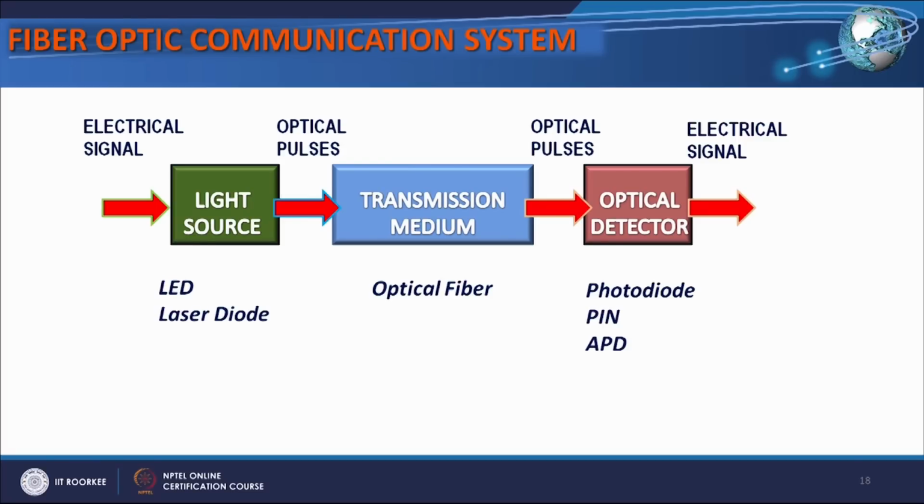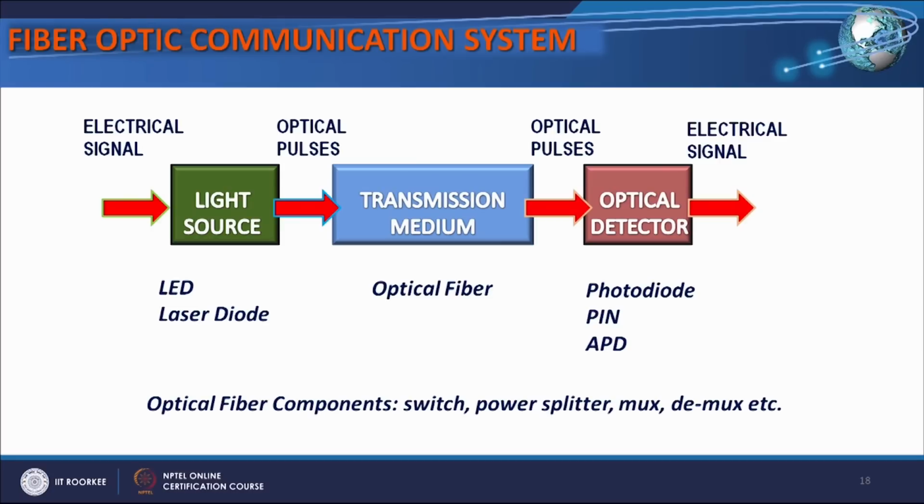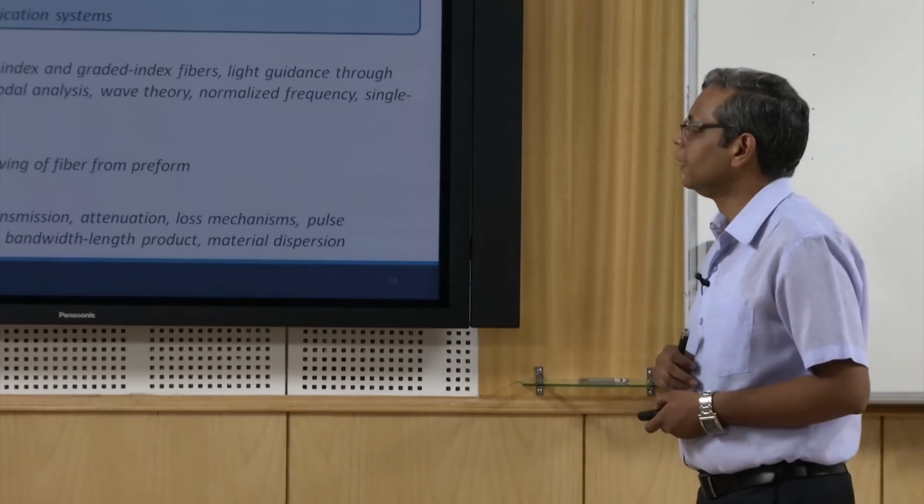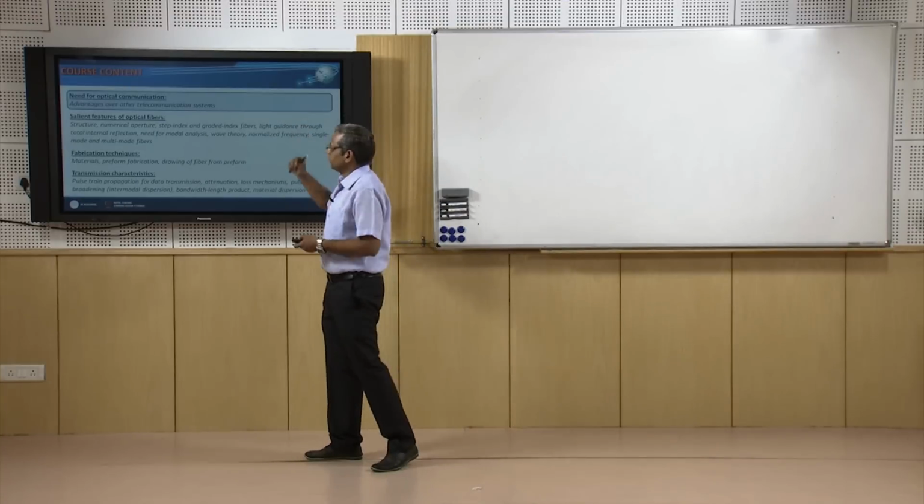So, we are going to study about photodiode, PIN detector and avalanche photodiode APD. Apart from these, we will also study various components which are required in telecommunication system, for example power splitter, polarizer, multiplexer, demultiplexer, okay, all these components which are made up of fiber itself. So, this is the course content.